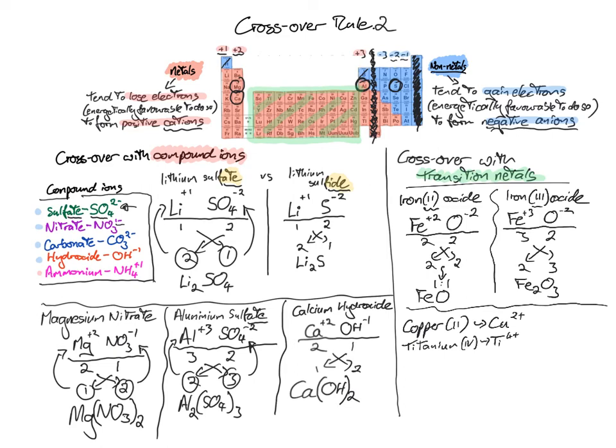Okay. There are, however, 2 to learn. Zinc is always Zn2 plus, and silver is always Ag plus, as far as you're concerned at GCSE.